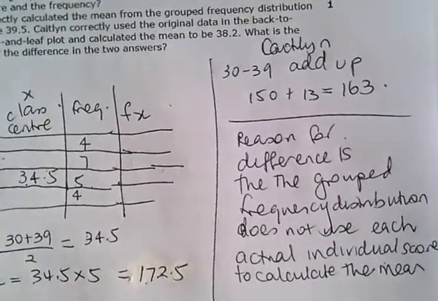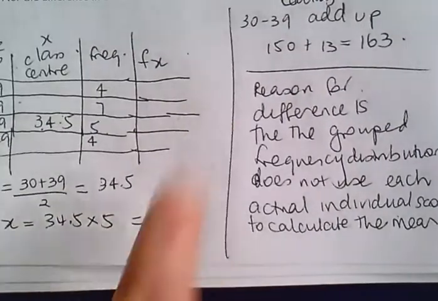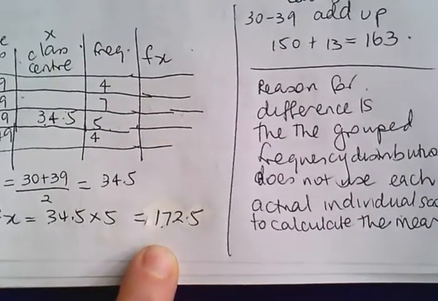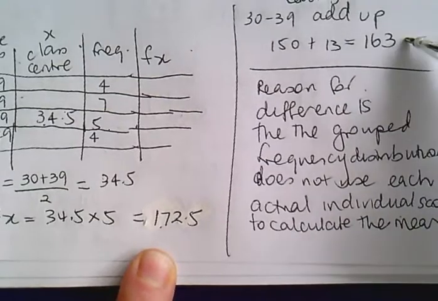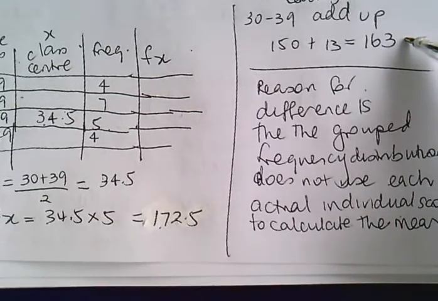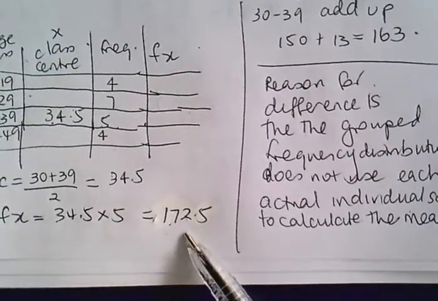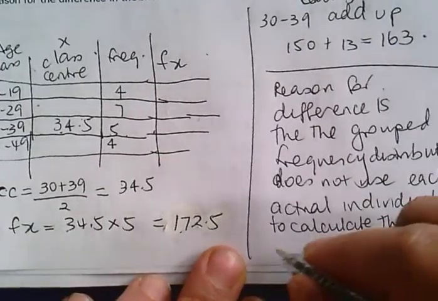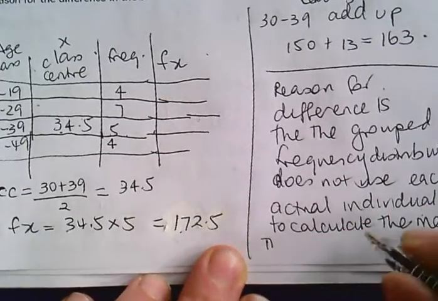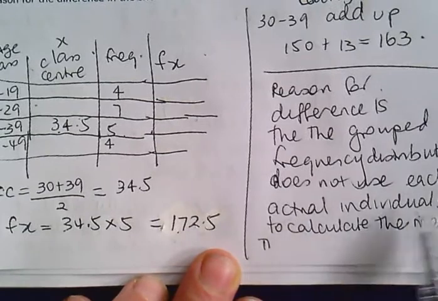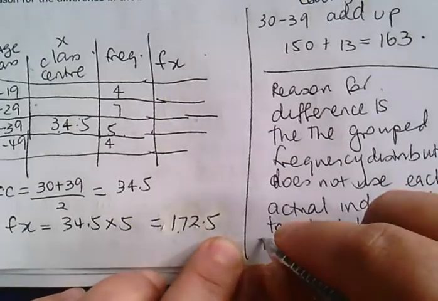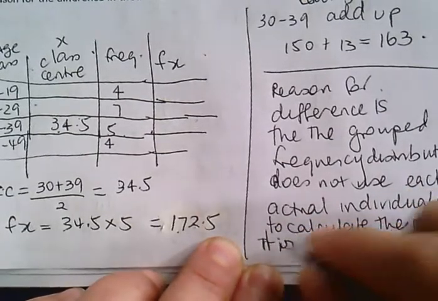What you could do is show by just adding them up. For example, the 30 to 39-year-olds, their FX should really be 163. Does that make sense? The FX is the sum of all the people 30 to 39. So it does not use each actual individual score to calculate the mean. It is only an approximation.